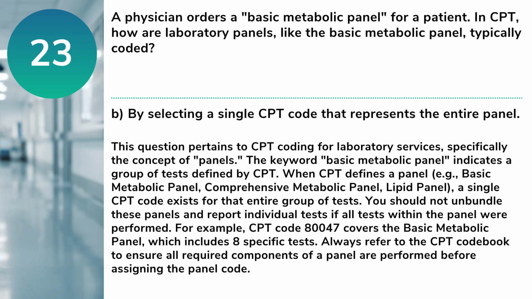You should not unbundle these panels and report individual tests if all tests within the panel were performed. For example, CPT code 80047 covers the basic metabolic panel, which includes 8 specific tests. Always refer to the CPT codebook to ensure all required components of a panel are performed before assigning the panel code.